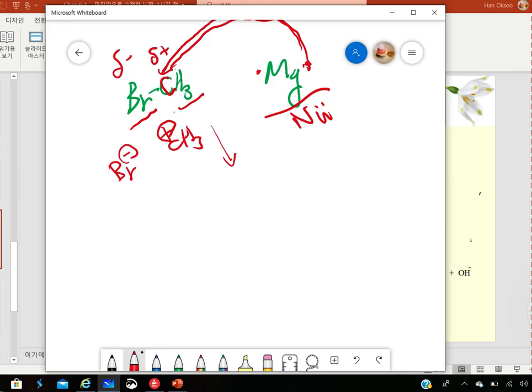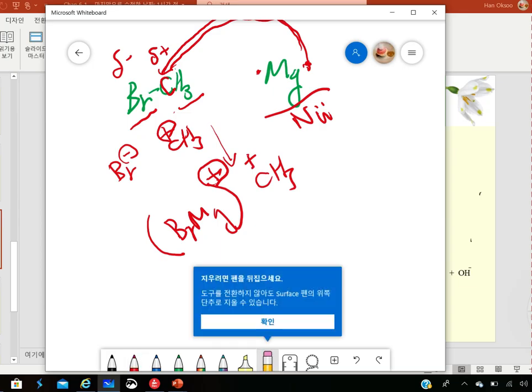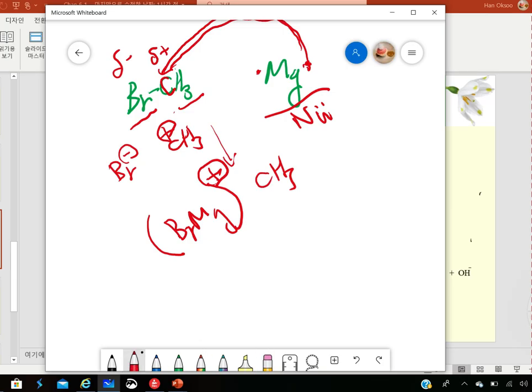Now we can think of this magnesium will react with the CH3 and it will form a MgBr. That will be a plus, and CH3 will be like this, like a minus, okay?